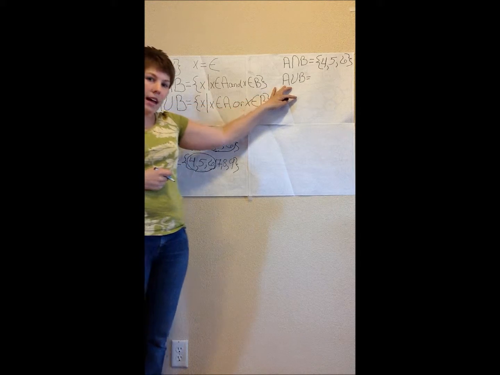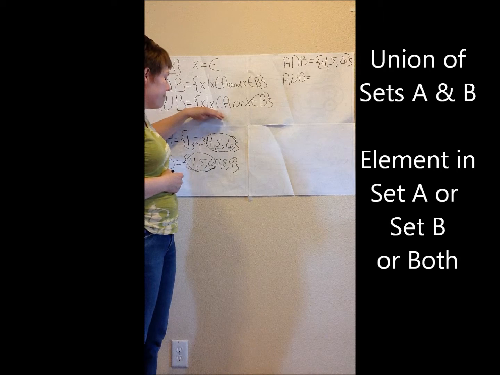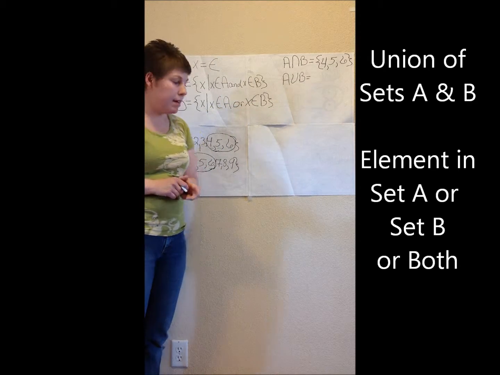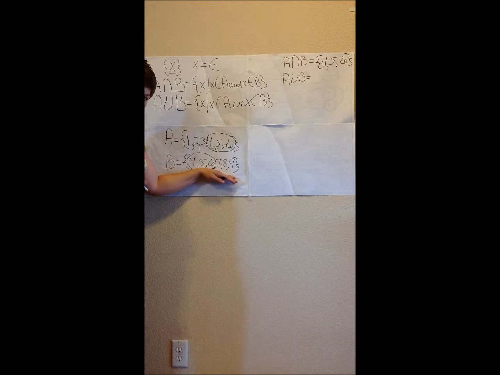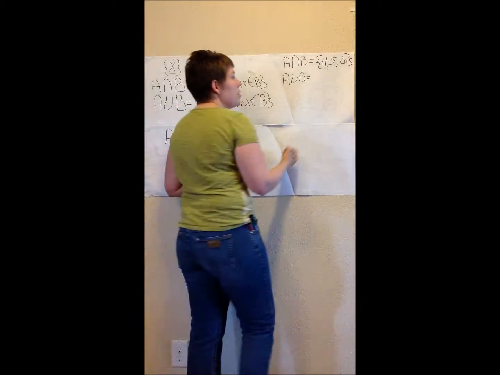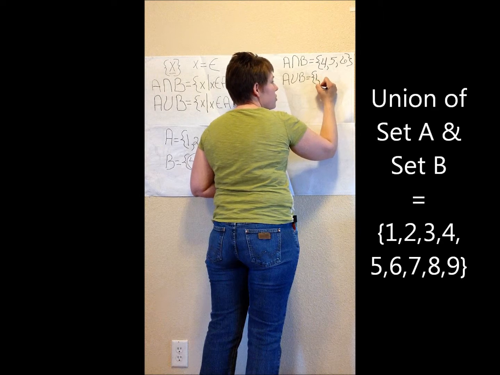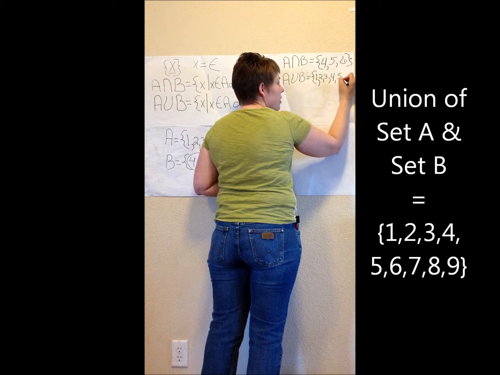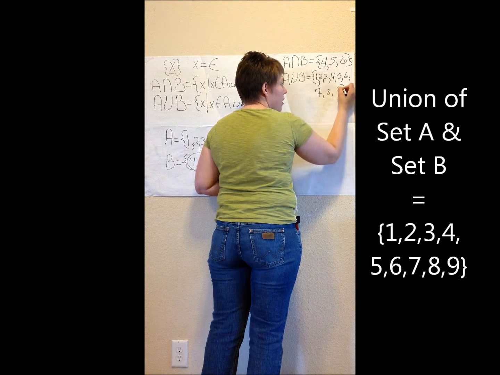Now, the union of set A and B is equivalent to saying that the element must be in set A, or it must be an element of set B. If we look over here, that means that every element shown is part of the union of sets A and B. So, the union of sets A and B consists of the integers 1, 2, 3, 4, 5, 6, 7, 8, and 9.